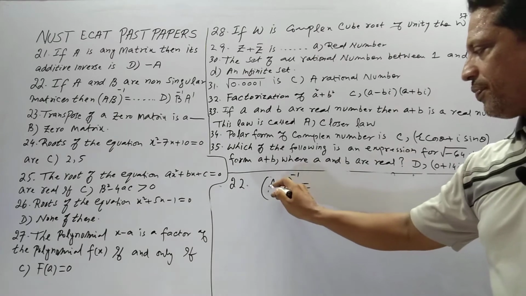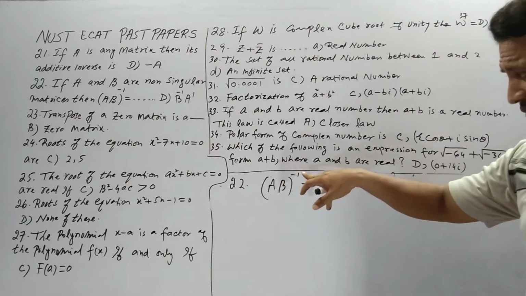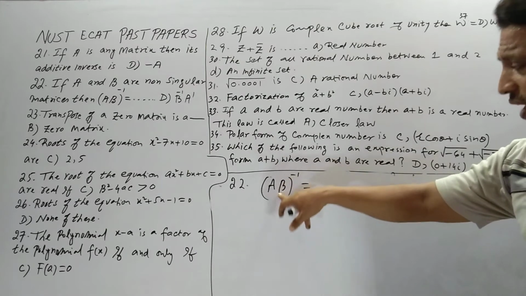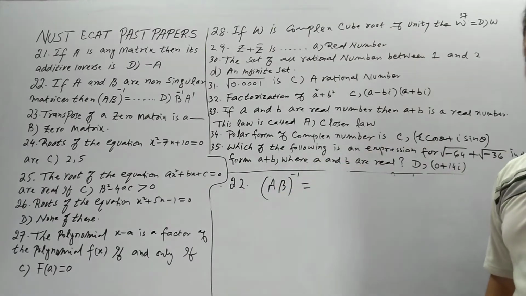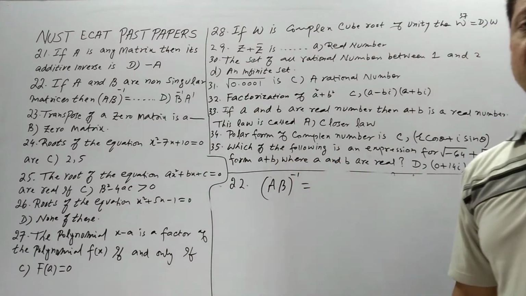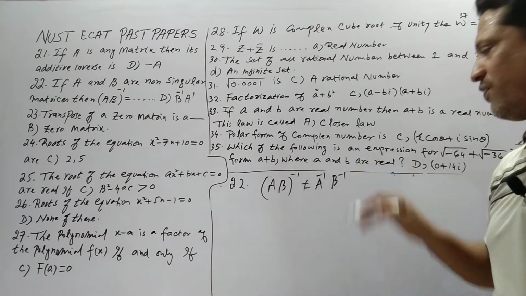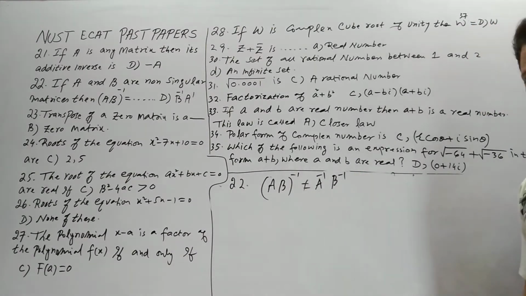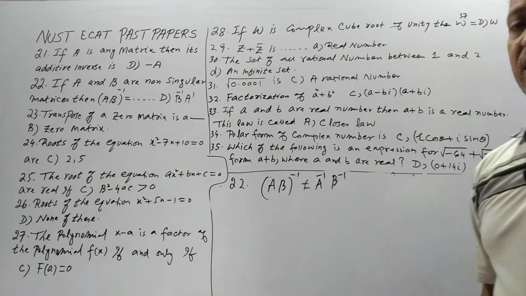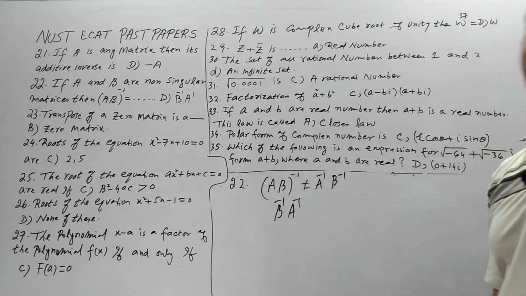If you see a minus power on a matrix, you have to call this inverse. So (AB) power minus 1 means (AB) inverse. (AB) inverse is not equal to A inverse B inverse, because this is not the property. (AB) whole inverse is always equal to B inverse multiplied by A inverse.